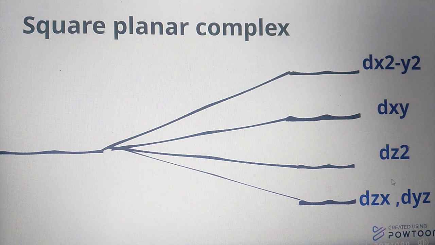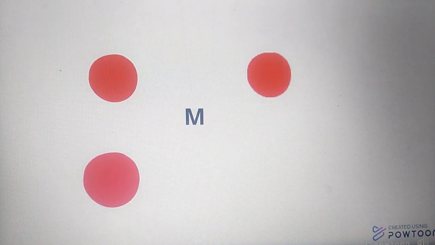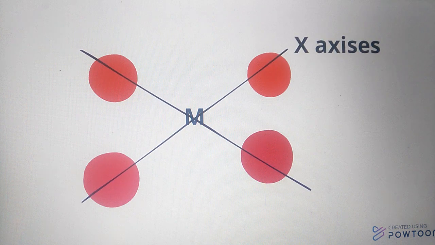Because the ligand approaches along the x-axis and y-axis and its lobes are present along the x-axis and y-axis, that is, it experiences greater inter-electronic repulsion.